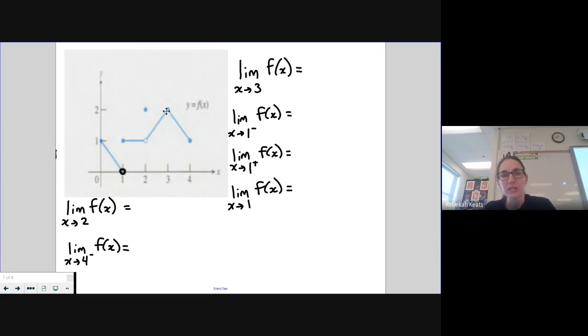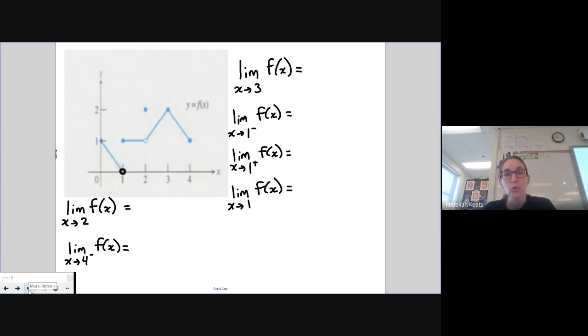Then you've got a horizontal line of y equals 1 on the domain from x equals 1 up to but not equal to 2, because there's your open circle, so you have a point of discontinuity there. You also have that the function is equal to 2 when x is equal to 2, so it fills in this hole, but in a different spot. Then there are two other linear functions from 2 to 3 and from 3 to 4. So this is an example of a piecewise function.